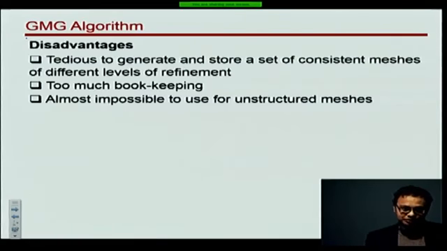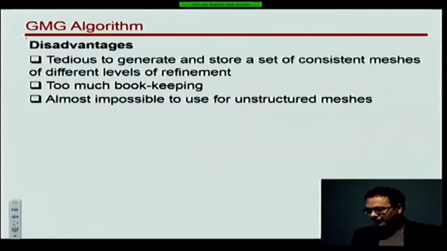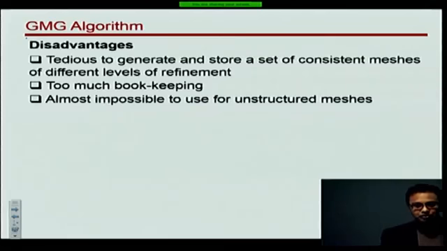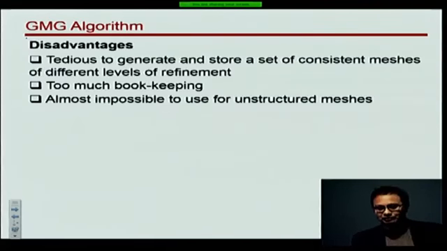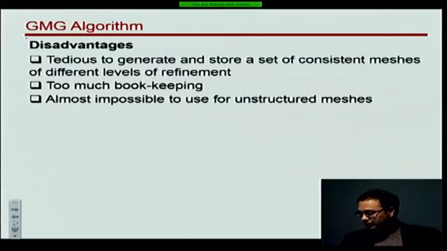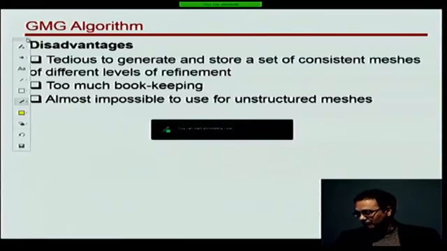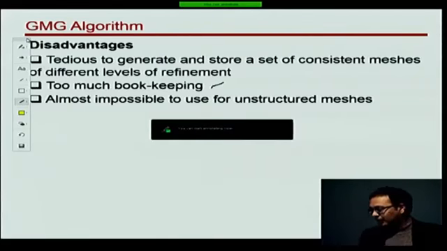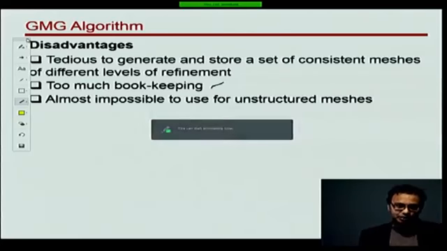That's not easily done if you have a complex geometry. Generating one grid itself can be a pretty painful task, and now you're talking about generating multiple meshes and storing all that information. So there's a lot of bookkeeping involved here.